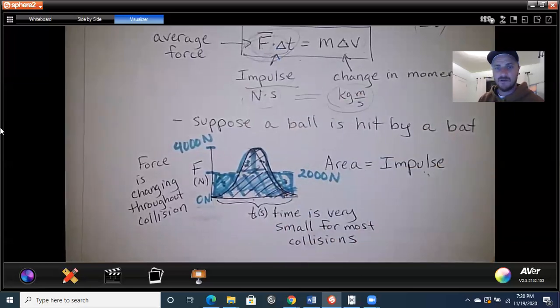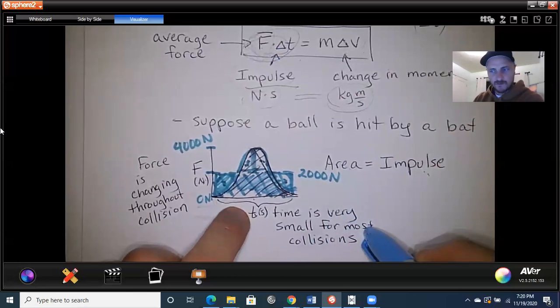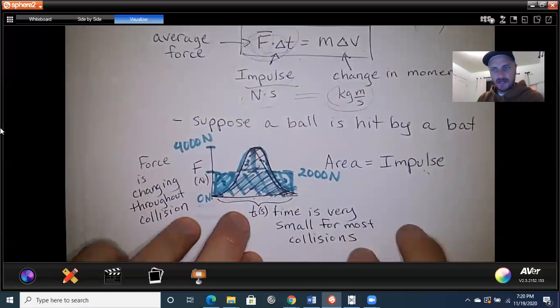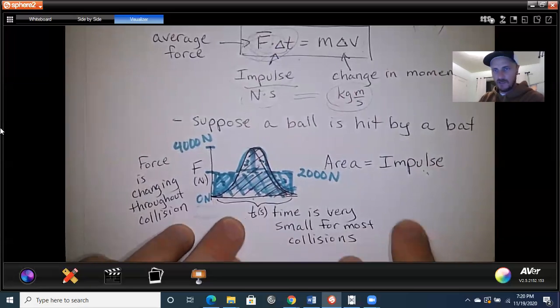So let's make that final statement. This is probably the hardest part of the notes. So if you have questions about this, please ask me after Zoom sometime and I'll explain it again.